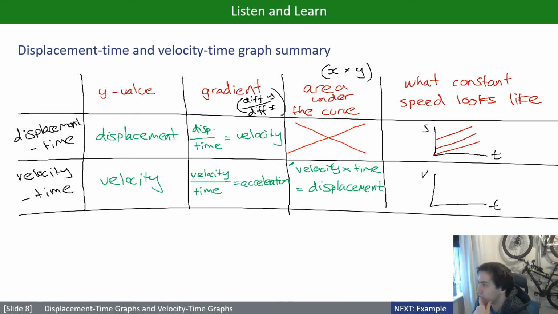Okay, so that's 3 examples in one there. And on a velocity time graph, it looks like this. Okay, and you've got a few examples there. Okay, so that's the difference that we just want to make clear. I think for consistency, actually, and to be more accurate, I'm going to call this what constant velocity looks like as well.